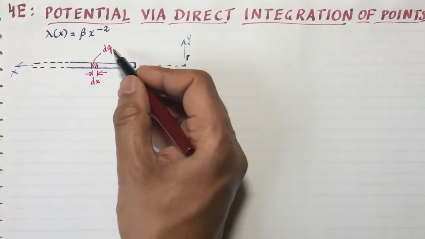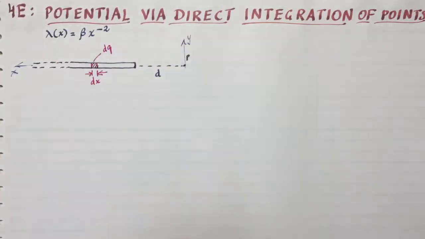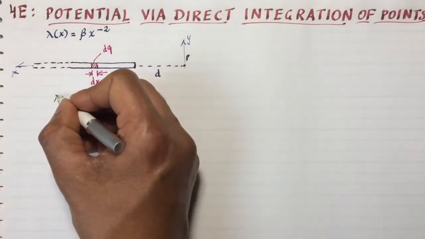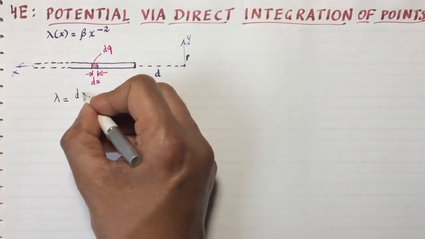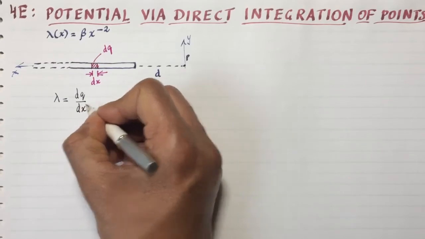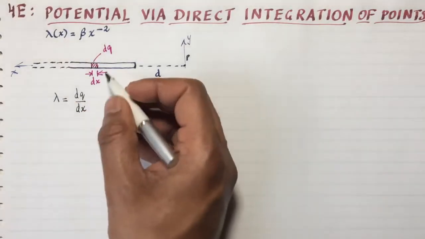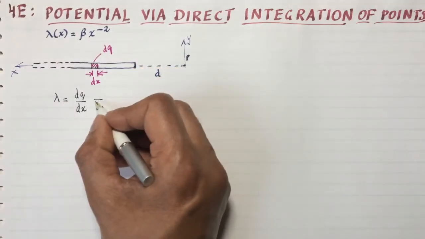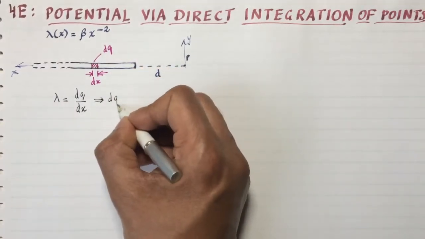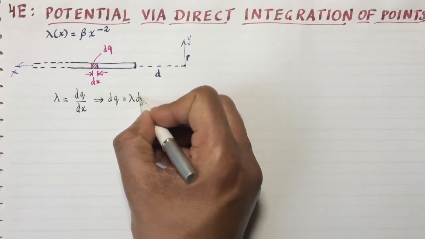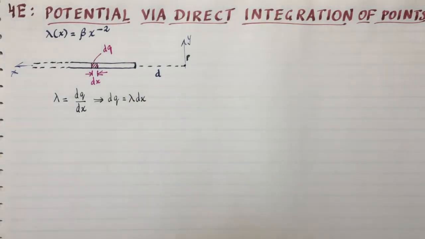So we can relate dq and dx through lambda by means of the definition of lambda. Lambda by definition is the rate of change of charge with respect to x, as we saw in week 2 of this course. So we can simply use the old methods and find out dq in terms of lambda and then find the potential directly.